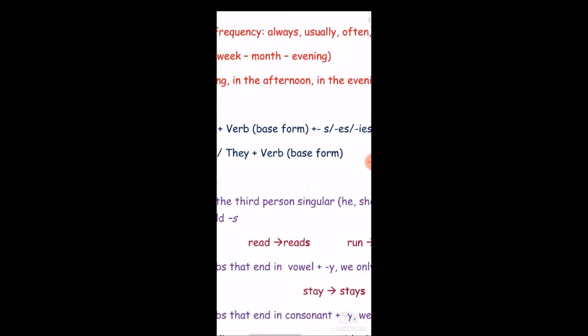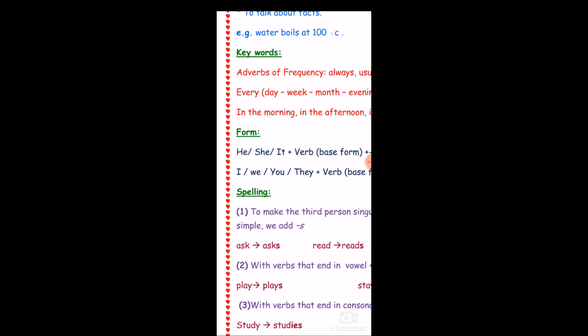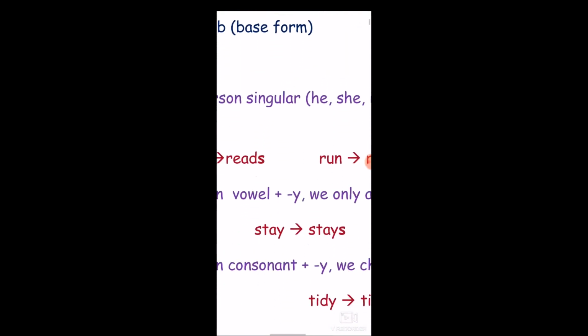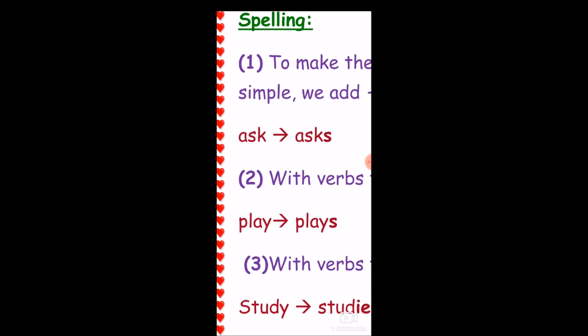Okay, another one to take care of. Verbs that end with a vowel plus y. If the verb ends with y, it's very important to focus on that. If I have a verb that ends with y, look before the y letter or y sound. If you find a vowel, add only s. Like what? Play, plays.